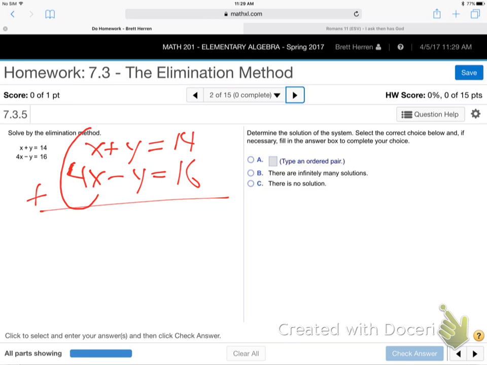So x and 4x, add straight up and down. x and 4x. 5x.